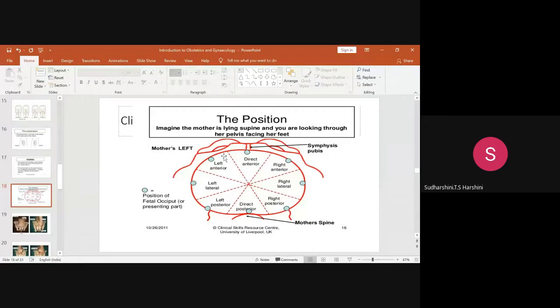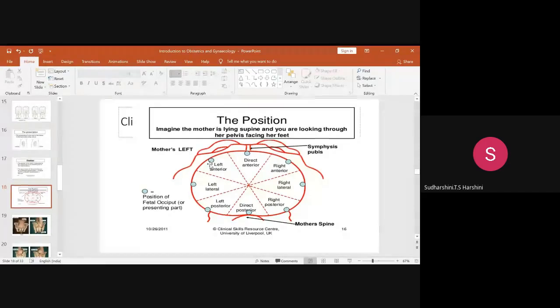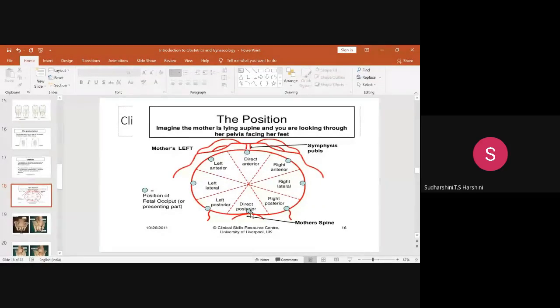When the fetal occiput occupies here, it is called left occipito-anterior, left occipito-lateral, left occipito-posterior, direct occipito-posterior, right occipito-posterior, right occipito-lateral, right occipito-anterior.